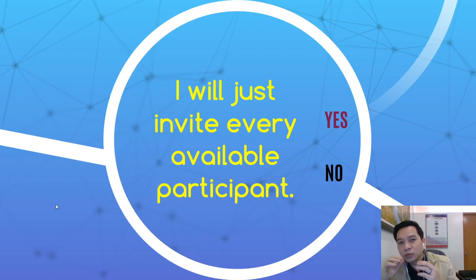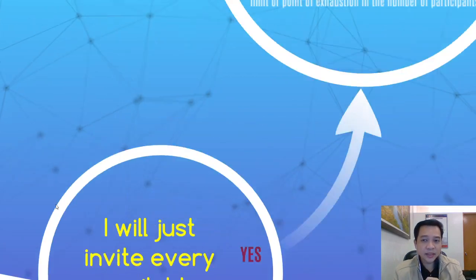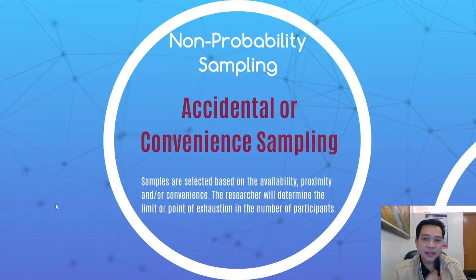I don't want to take a concrete sample, but instead, my criteria is whoever is available, whoever is willing to participate, whoever is voluntarily accessible to contribute or participate in my study. Now, if your answer here is yes, then the type of non-probability sampling you will be using will be what we call accidental or convenience sampling.